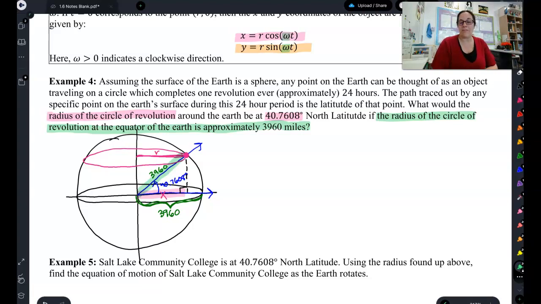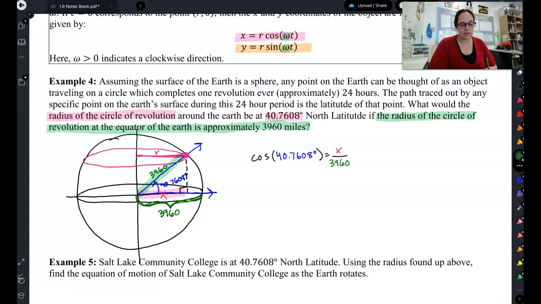So if I have x and I have the radius, we know that's cosine. So cosine of this angle equals my x value, what I'm trying to find, that's the radius of the smaller circle, over the radius of that sphere, 3,960.